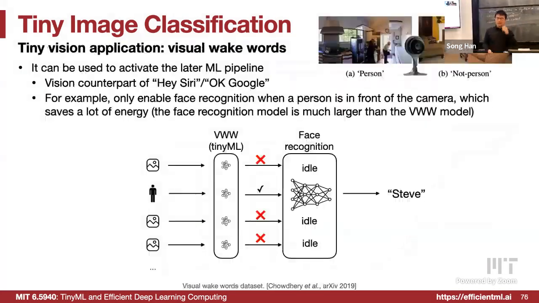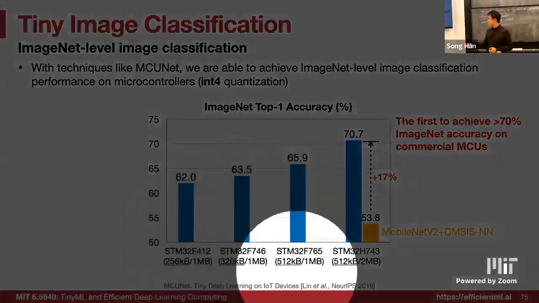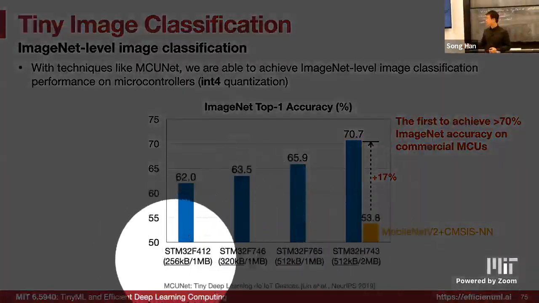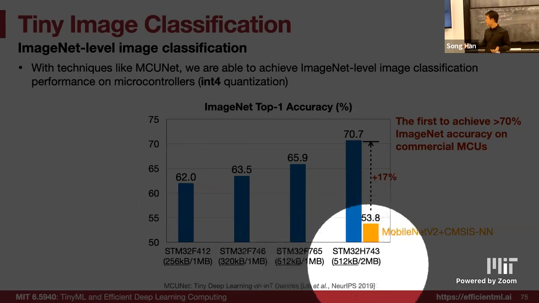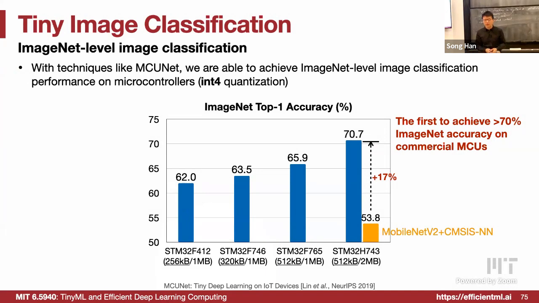By the way, there are different constraints of microcontrollers. Some of them have 256 kilobytes, some have 2 megabytes, some have 1 megabyte of flash. It's very hard to design different models for different constraints.